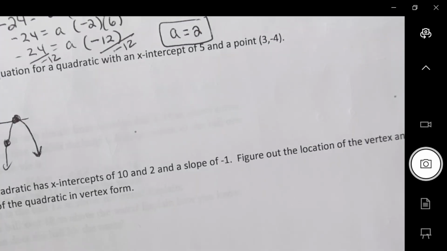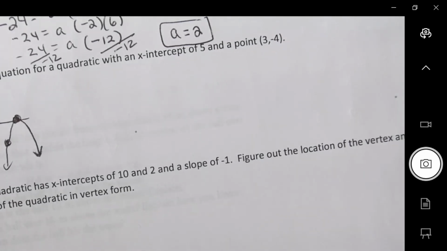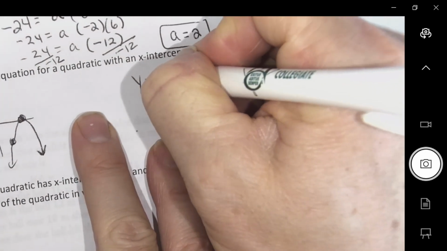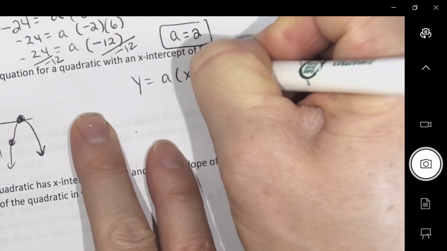And it only has one x-intercept. So that's kind of what I'm thinking it would look like. Okay. I'm going to use this form.